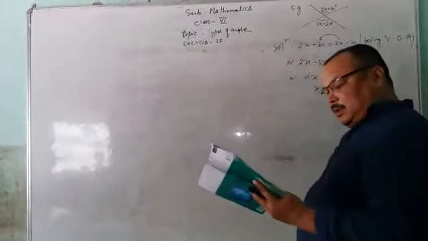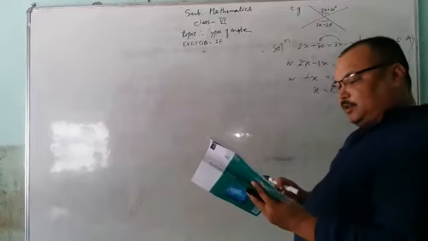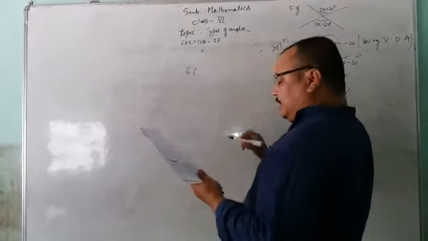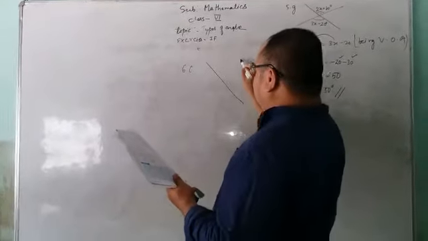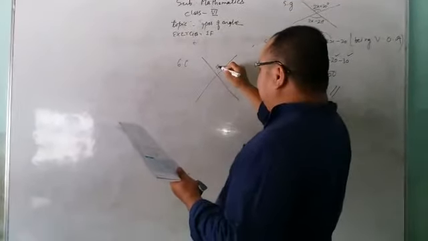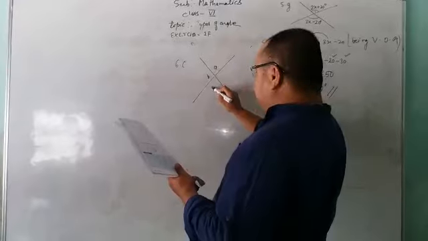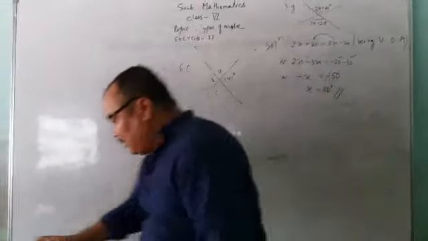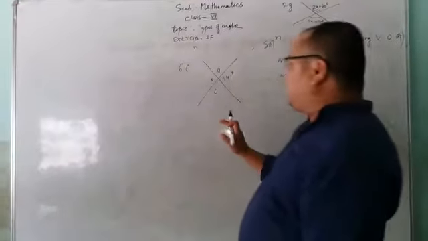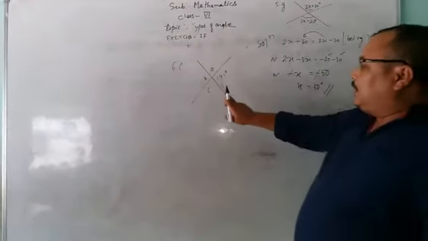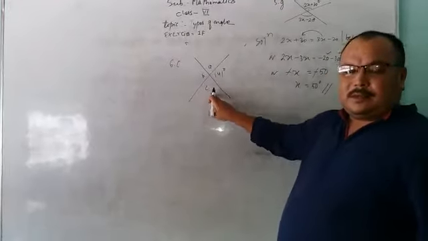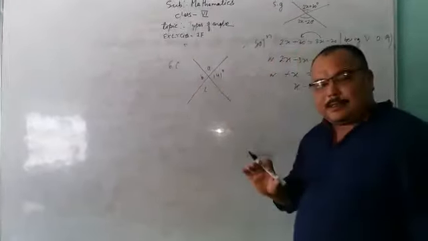In question number 6C, okay, here is one of the questions: A, B, C, 141 degrees. In this question, see here, one is a numerical value, and the other variable given here is unknown. Understood? One is unknown.